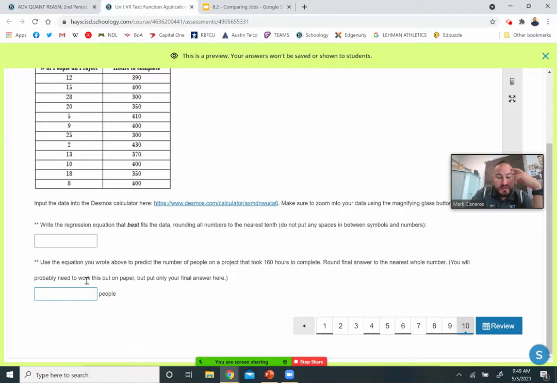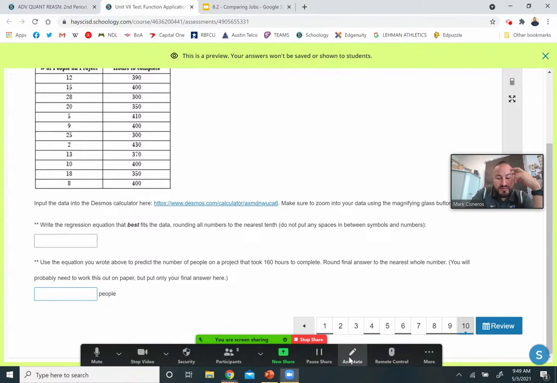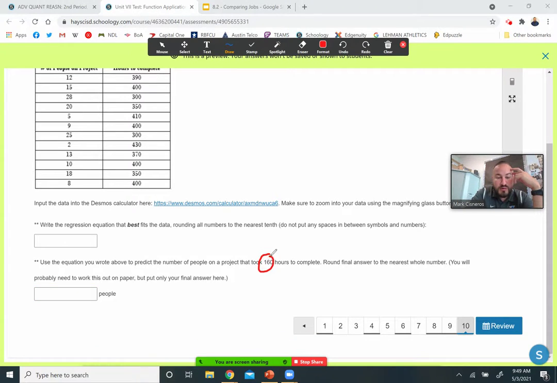Then you had to plug in this number, 160, for Y, because that is the Y value, and solve for X, which is the number of people. Some people did it the other way around. I think the correct answer here was 56 or 57, one of those two.